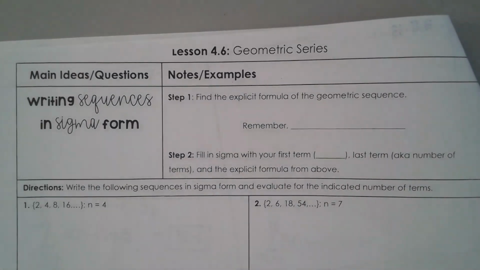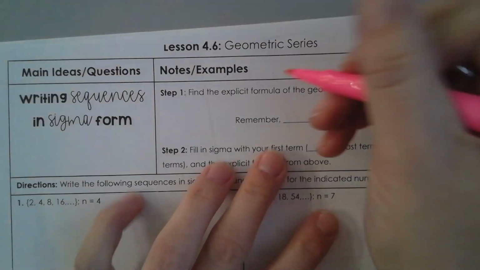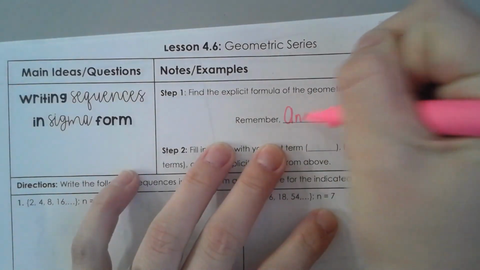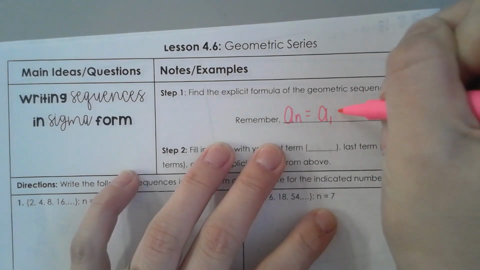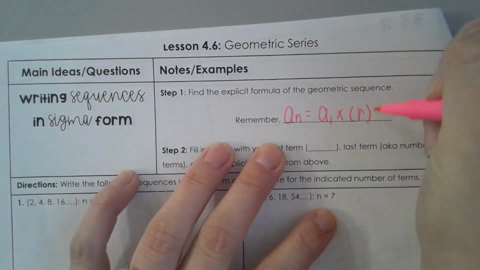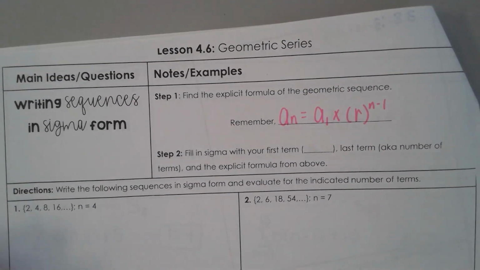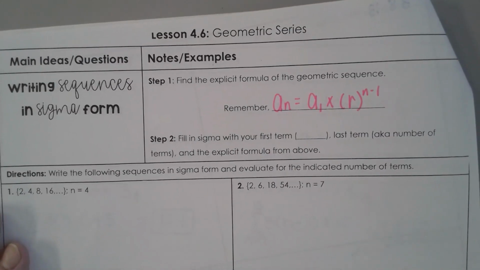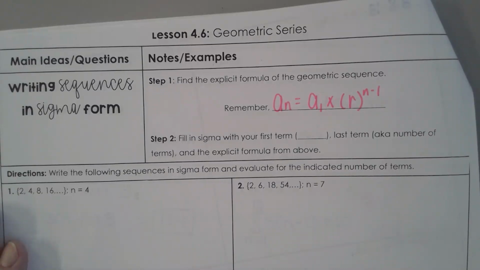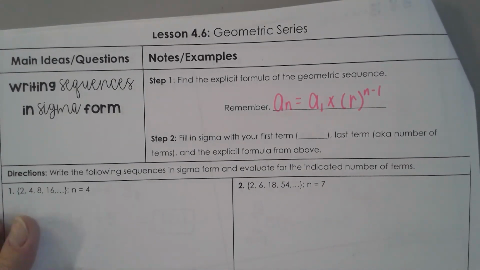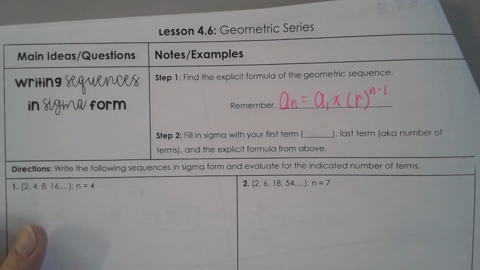Now let's go back and refresh on the formula for a geometric sequence. It's A1 times your R, which is your ratio, that's what you're multiplying by, to the n minus 1 power.